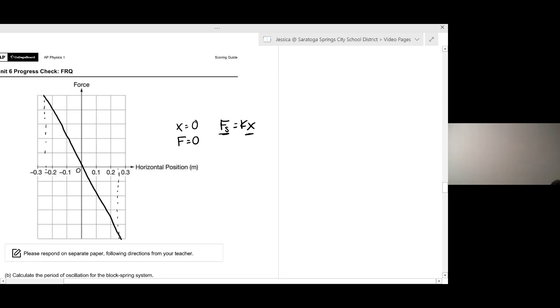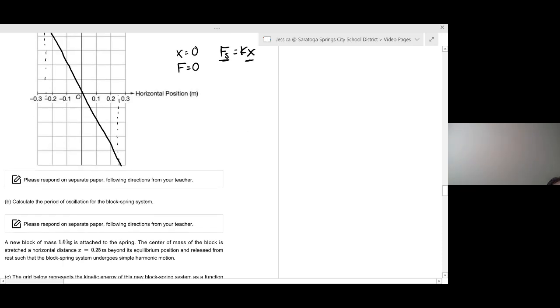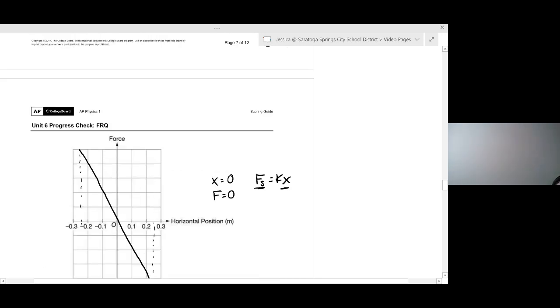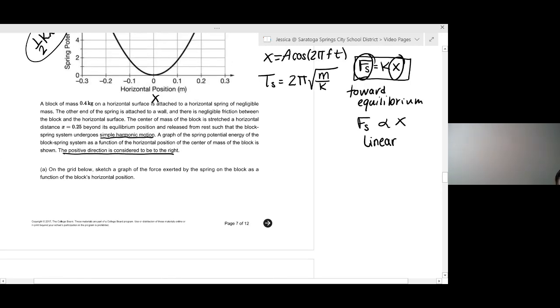The next thing we need to do is calculate the period of oscillation for the spring system. So I need to use the equation 2 pi square root of m over k. Let's see what information I'm given up here. Well, I have the mass of the block, that's good.